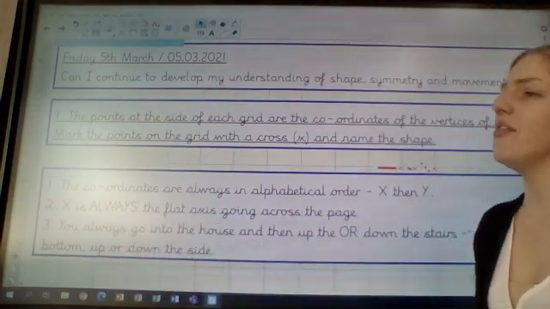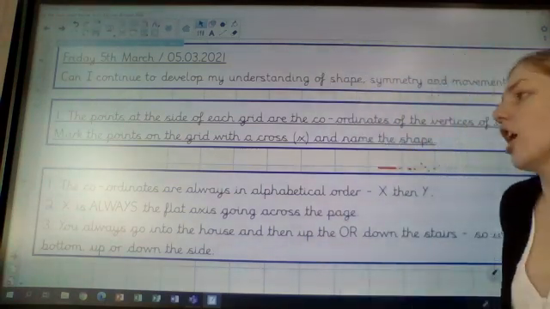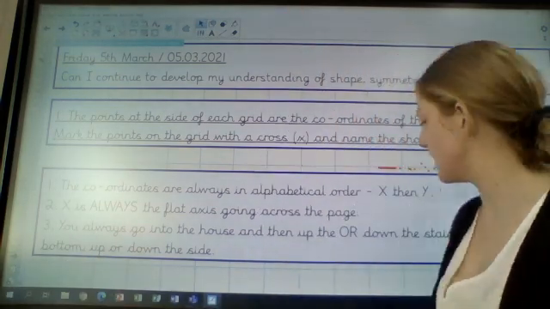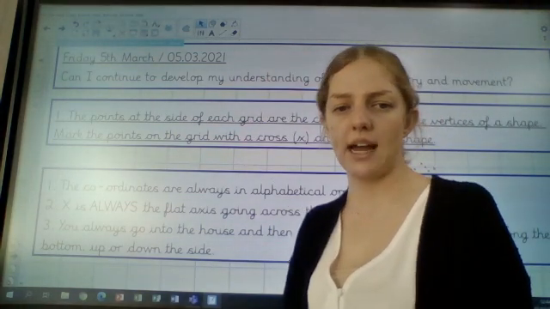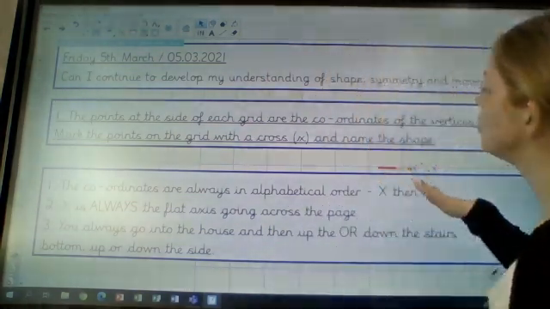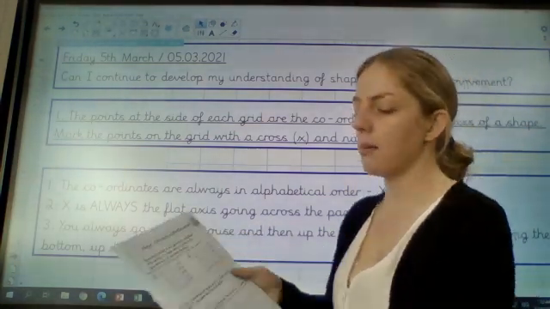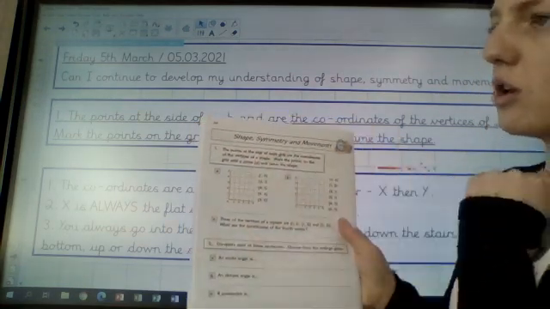x-axis first, and then you have to go up or down on your y-axis. So you go in the house, so along the corridor in your house and up or down the stairs, okay? So you go along the bottom and then you go up or down. So when you write your coordinate, you will write the coordinate that allows you to go into the house, which is along the bottom, and then you write the coordinate that goes up onto the top.